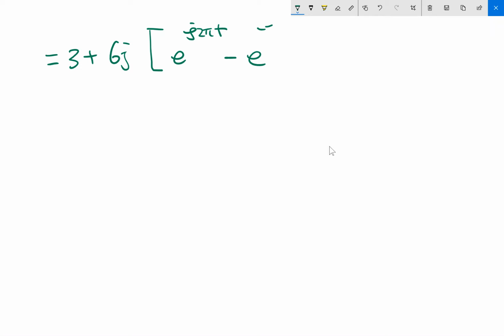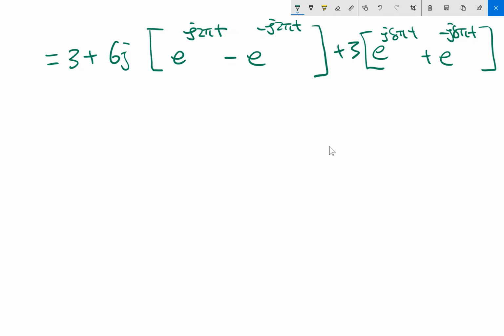So open another board, and this one equals, simplify this a little bit, 3 plus 6j, and before here is e to the power of j 2 pi t minus e to the power of minus j 2 pi t, and plus 3 times e to the power of j 8 pi t plus e to the power of minus j 8 pi t.